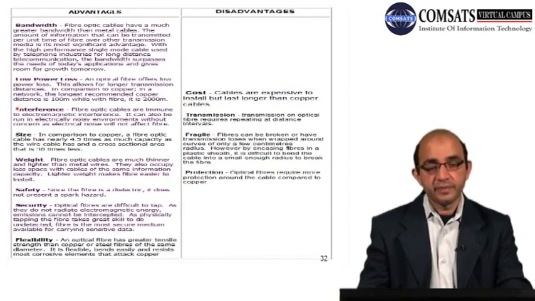As I've mentioned, because light is traveling for data communication, as opposed to electrical pulses, the interference is very, very low, right? And then the size is very small, and weight is also smaller. Safety, security, and flexibility, right?